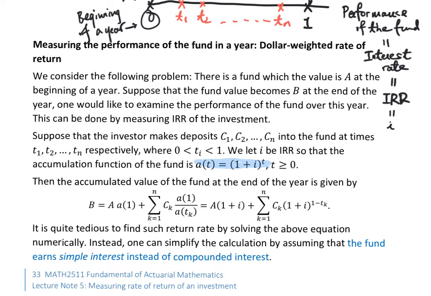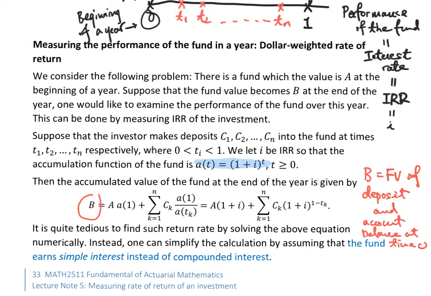Here we let B be the account balance after 1 year. This account balance will be just equal to the future value of your deposits and also your account balance at time 0, I mean the initial one.